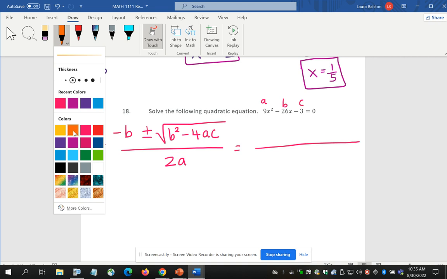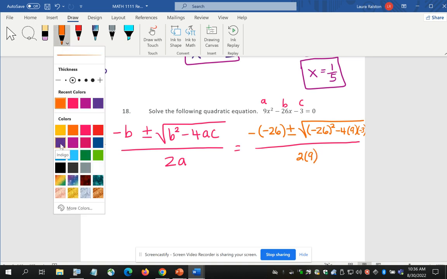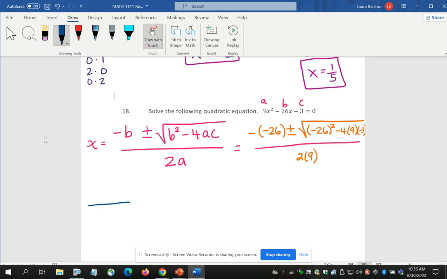And it becomes a straight substitution problem. So I would have the opposite of negative 26 plus or minus the square root of negative 26 squared minus 4 times 9 times minus 3 all over 2 times 9. So then I got to do some math. The opposite of negative 26 is positive 26 plus or minus the square root.